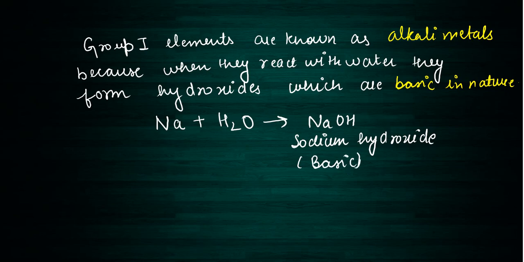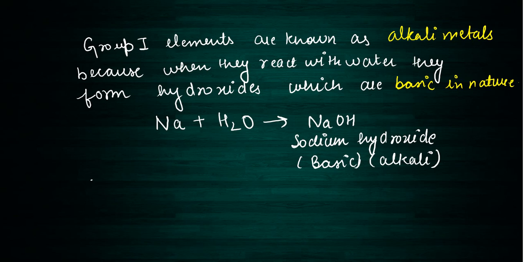Hence, it is known as alkali because basic compounds are also known as alkali compounds. Hence, every element in group 1, that is lithium, sodium, potassium, rubidium, cesium, and francium, when reacted with water forms hydroxide compounds, and hydroxide compounds are all basic. That is why they are known as alkali metals.